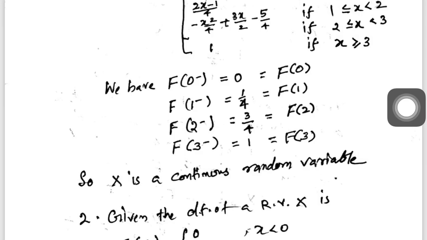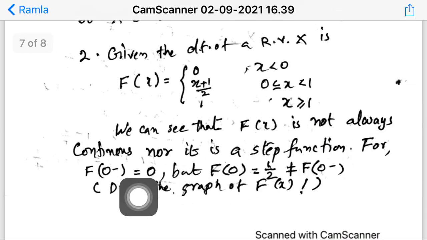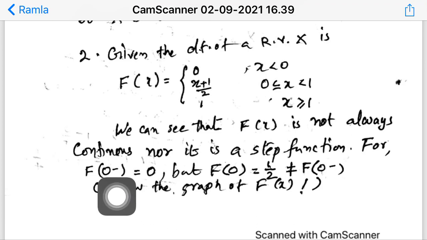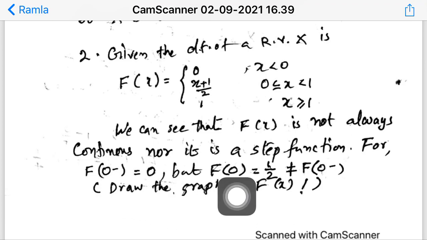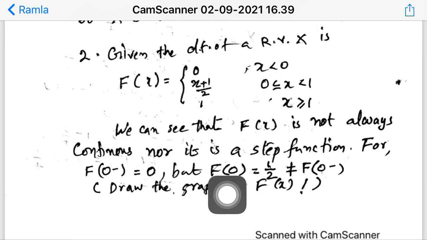But you will see that this is not the case in the next example. In the next example, you can compute F(0-), that is equal to 0, but F(0) is equal to 1 by 2. So F(0-) is not equal to F(0). Okay, so that means at 0, the distribution is not continuous.